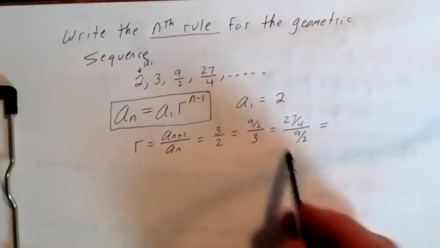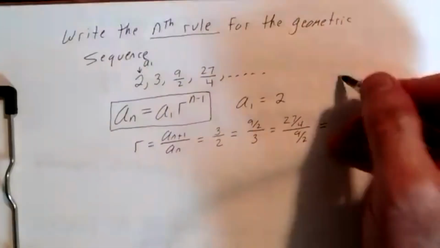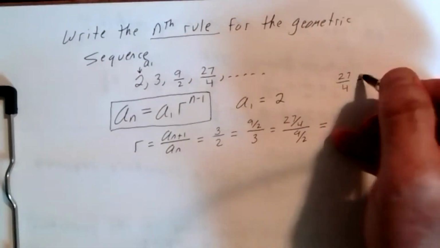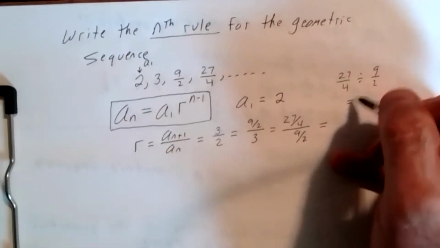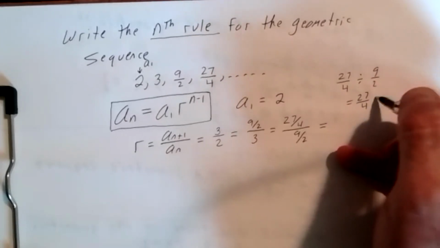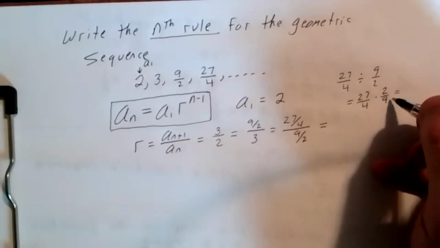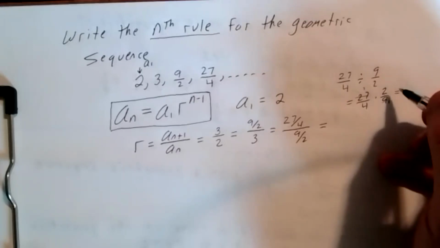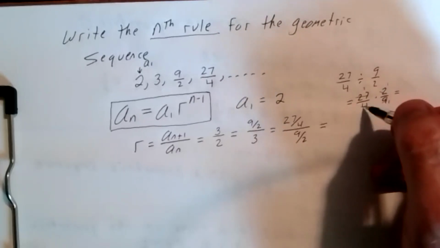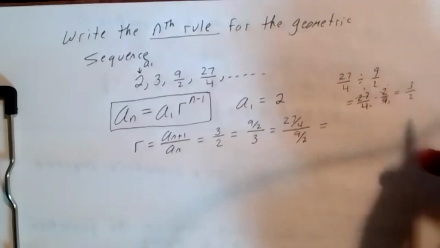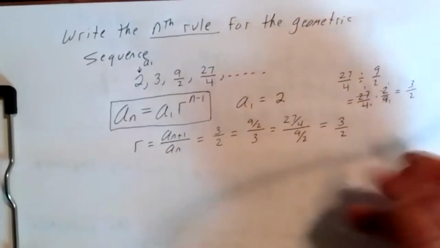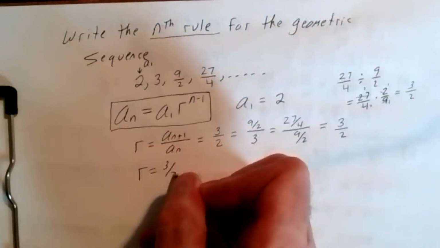Let's try this one. 27/4 divided by 9/2 is 27/4 times 2/9, which through cross canceling, 9 goes into 27 three times, and 2 goes into 4 twice. You do get 3/2. Yes, it looks like our common ratio is 3/2.